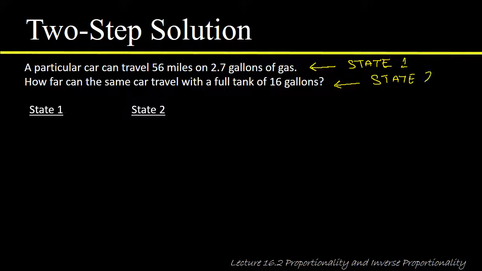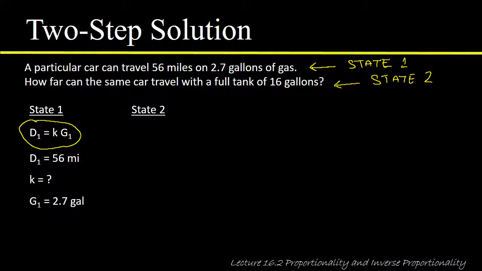This is state 2. So the first thing we want to do is break those out and identify which things refer to state 1 and which ones refer to state 2. Okay. Then once we've done that, we can write down all of the variables for each state and the equation, right? So we know that these two things are proportional. So for state 1, the distance in state 1 is equal to the constant times the amount of gas in state 1.